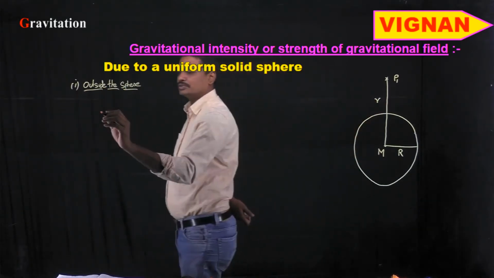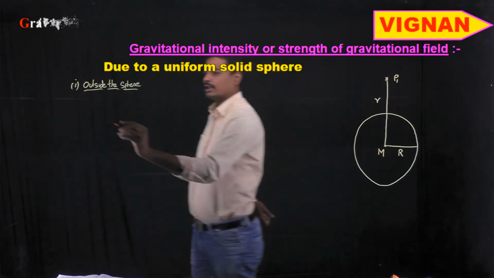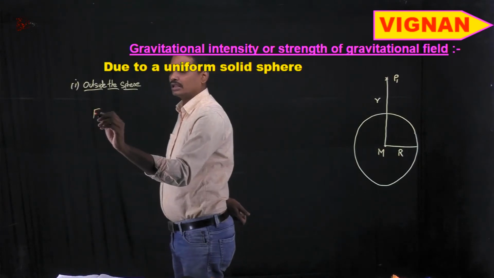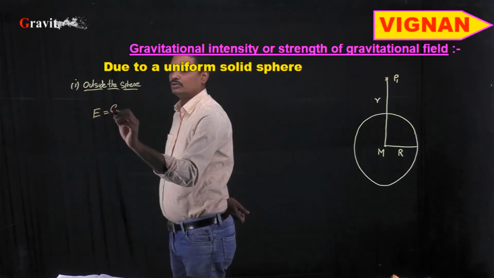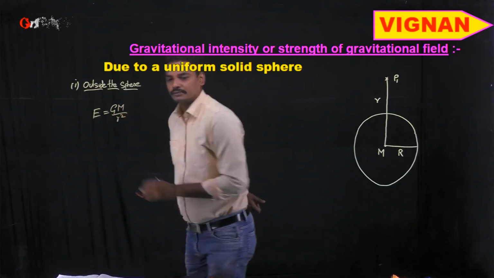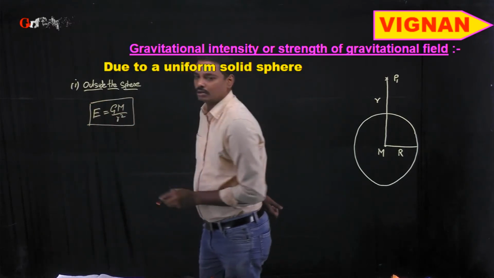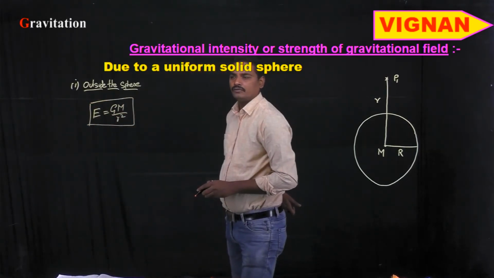As the distance between the two masses is r, and here the mass is capital M, we know that the intensity of the gravitational field E is equal to G capital M by r square. This is the intensity, or the strength, of the gravitational field.